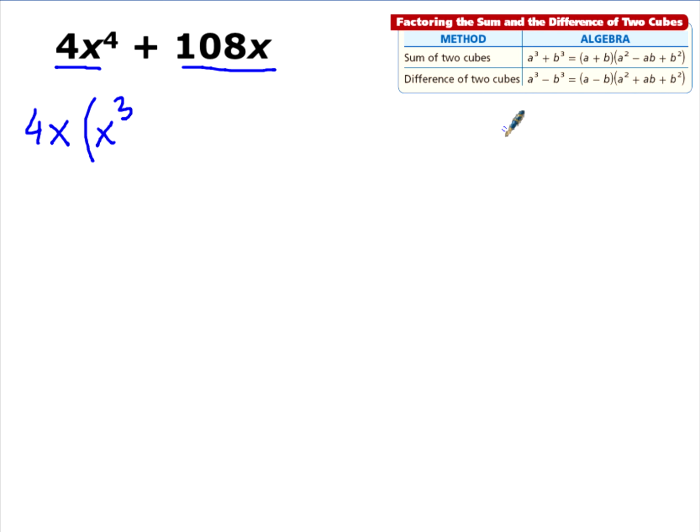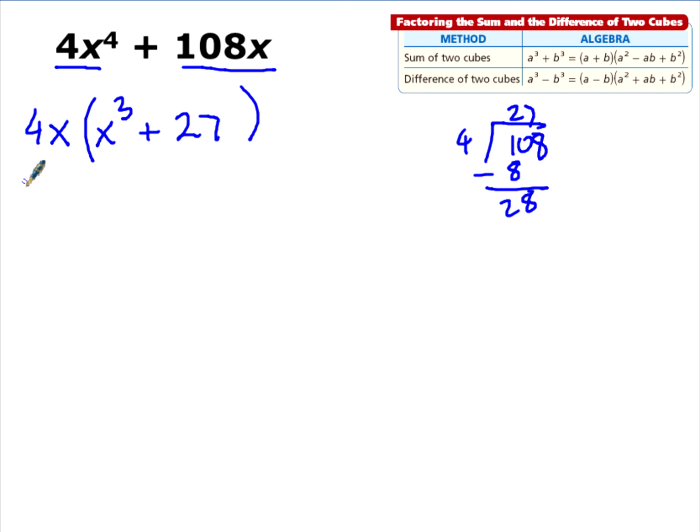So let's check 108. Okay, 4 goes into 10 two times, it's 8, 28, 27. Okay, so it looks like it could be factored out as 4x times x cubed plus 27. Alright, so we have 4x.